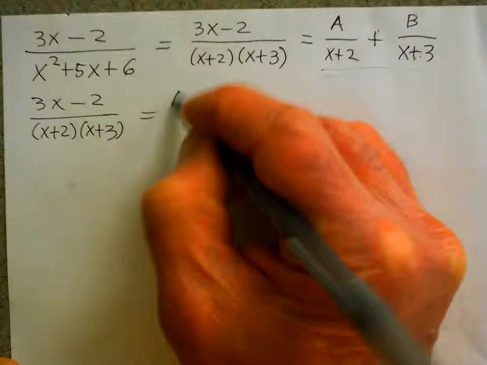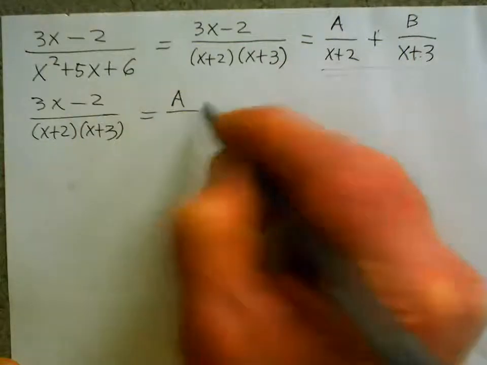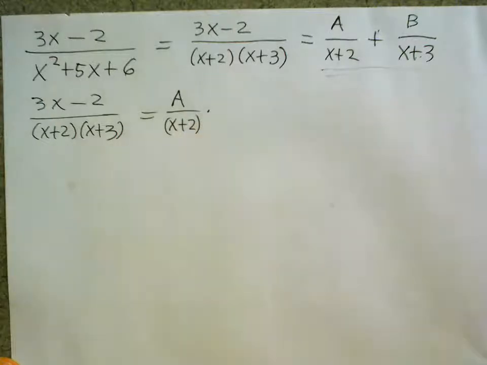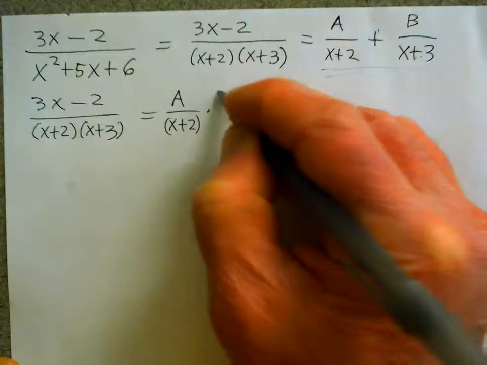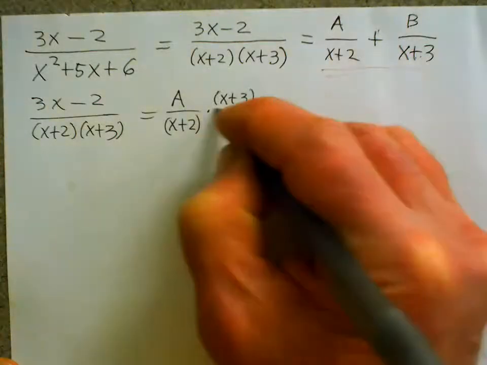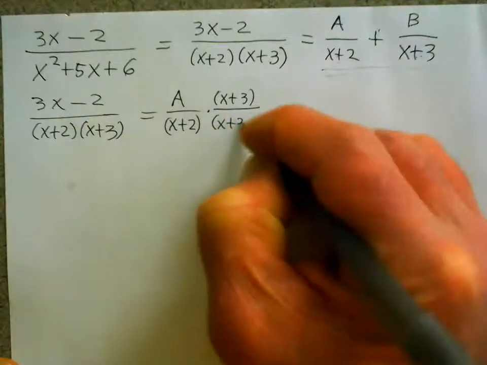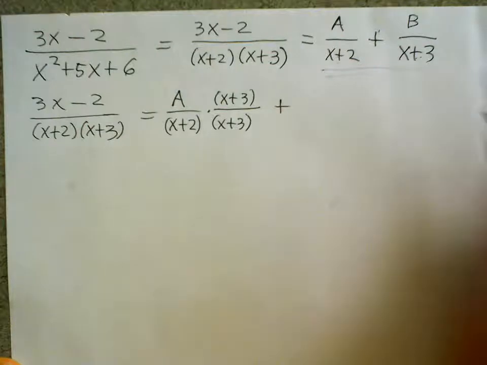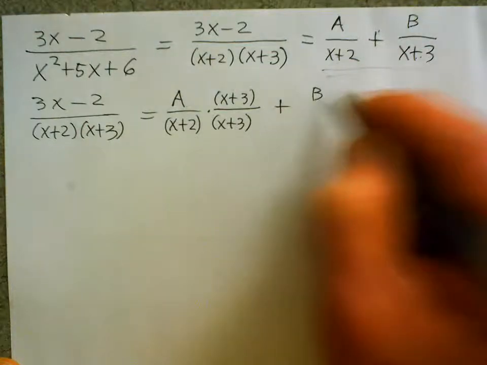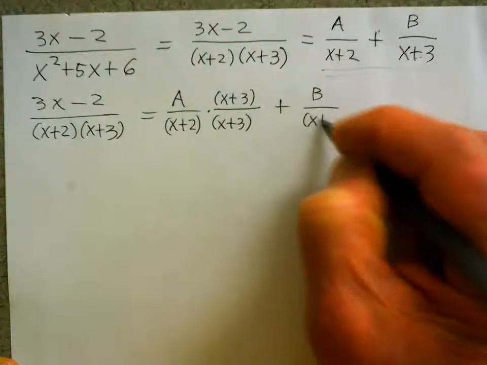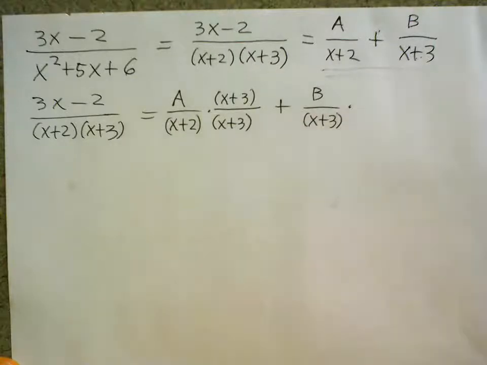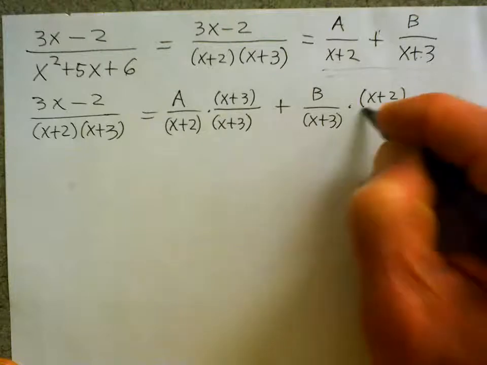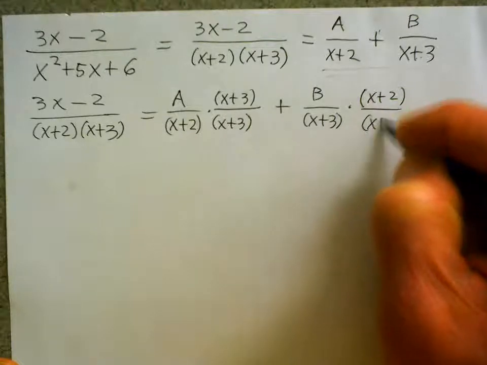So I will multiply the fraction on the left, a over x plus 2, by 1 in the form x plus 3 over x plus 3. And then I will multiply the fraction on the right, b over x plus 3, by 1. This time the form 1 takes is x plus 2 over x plus 2.